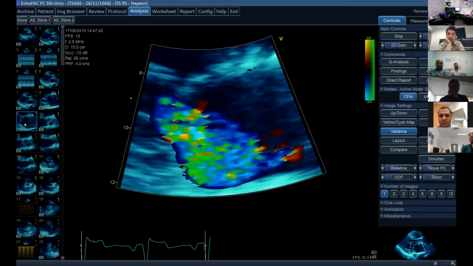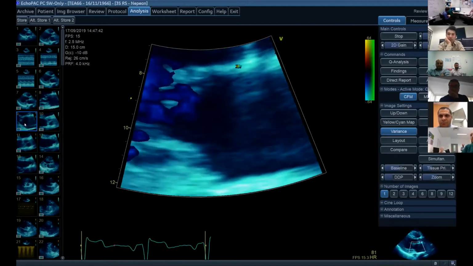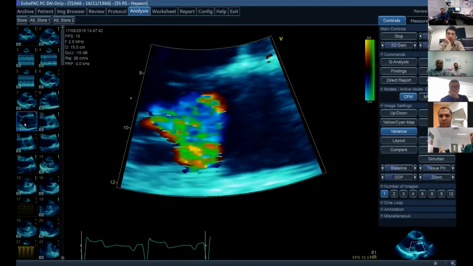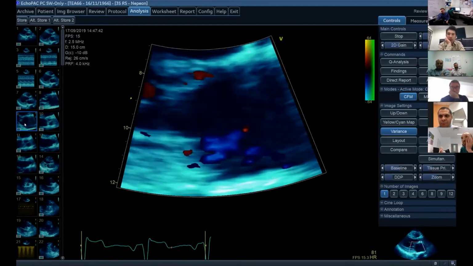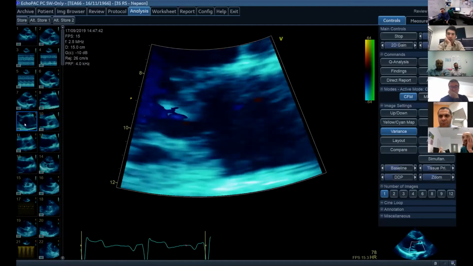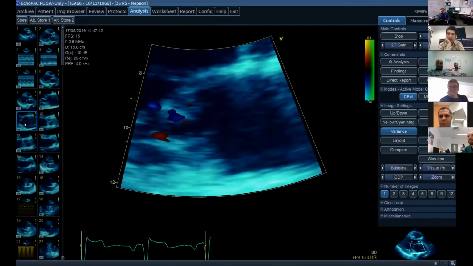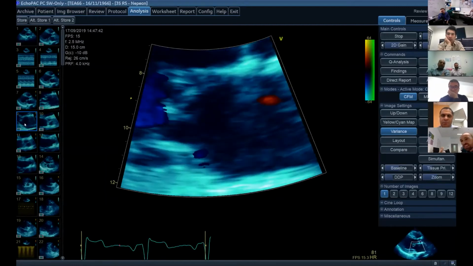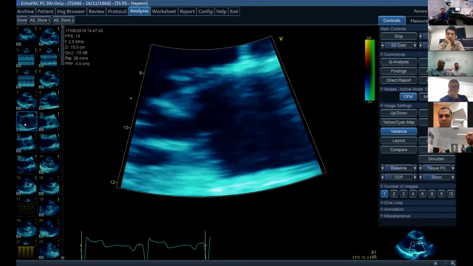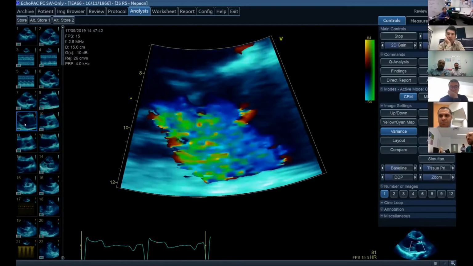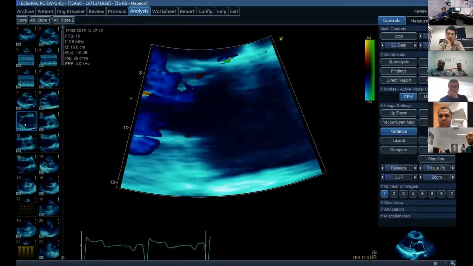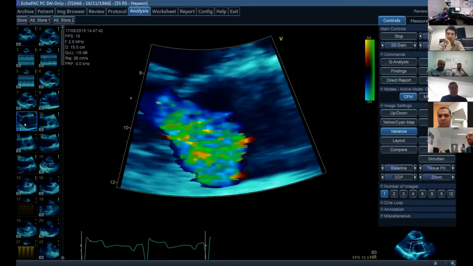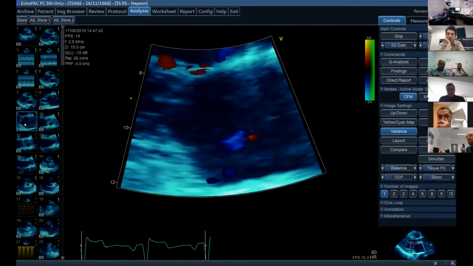So this is the color across the mitral valve in this view. Terrible. Sid, do you want to describe that and tell us what else you'd like to know? This is the eccentric mitral regurgitation jet, which is going across the left atrial wall. It's difficult to comment on the severity on this picture because of the angle, I guess.